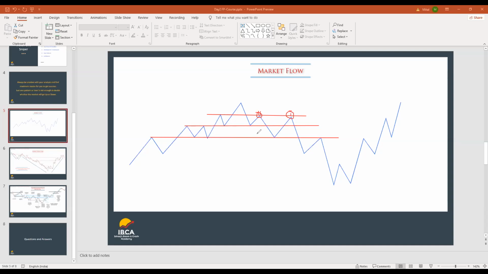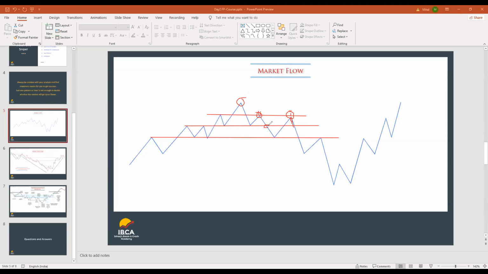If you see this is lower than this one, right? Yes. So if you see the rejection here, what you should understand is that the buying opportunity is far below, correct? Because now you understood head and shoulders.